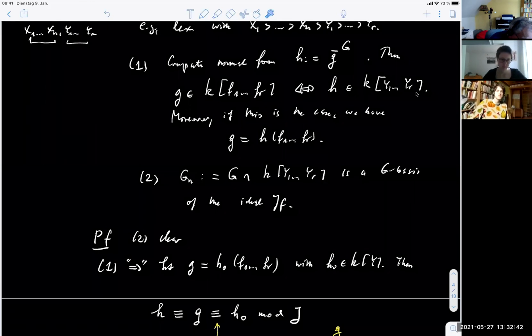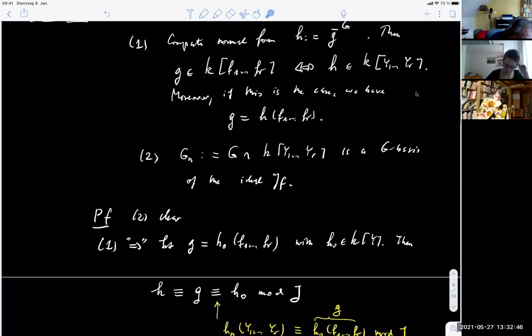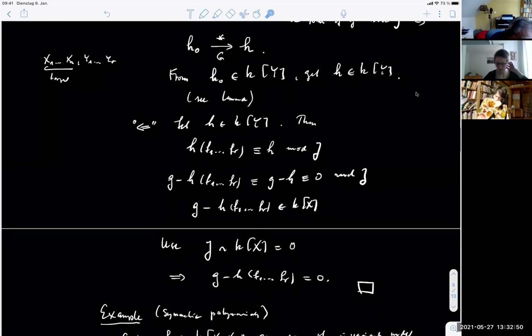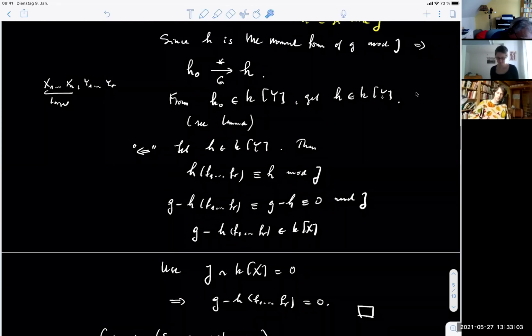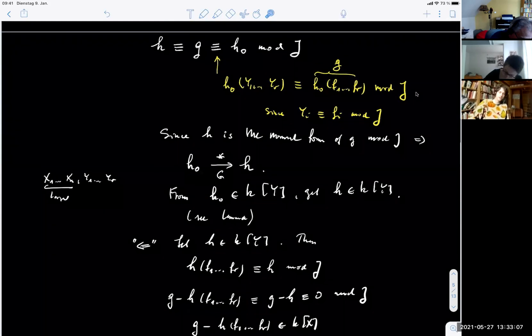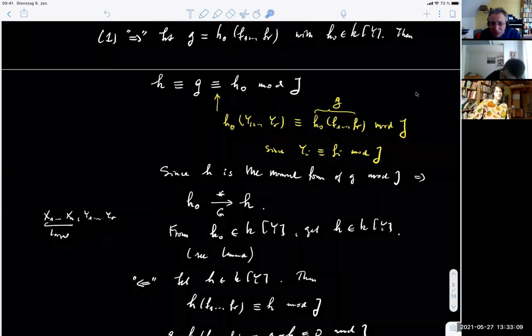But it follows from the backwards direction: there we got that G minus H of F1 to FR is 0. So this is exactly the statement. That's right, this is correct. We just need to prove it in one case because it's equivalent. Problem solved.